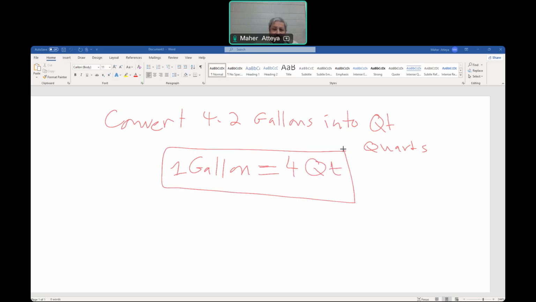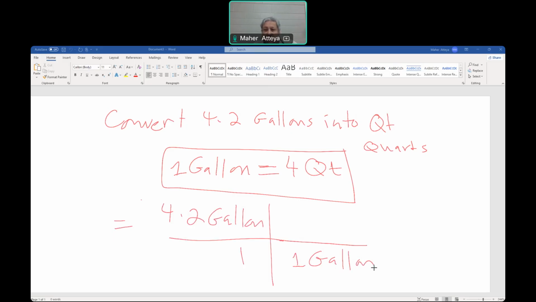So let's start. We'll start with our 4.2 gallons over 1. And then we need to get the gallons out of our way. 1 gallon is 4 QT.